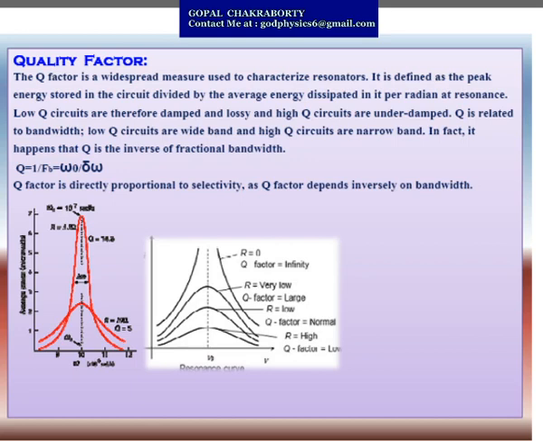If you see the graph, you get this type of value, half power, at two particular frequencies. One is higher, omega 2, and the lower one is omega 1. So omega 2 minus omega 1 will give you the value of the bandwidth, or delta omega. These are the reference books that I have considered.